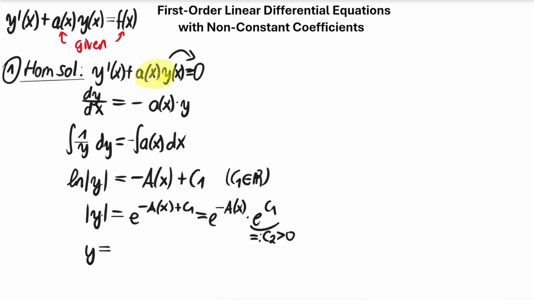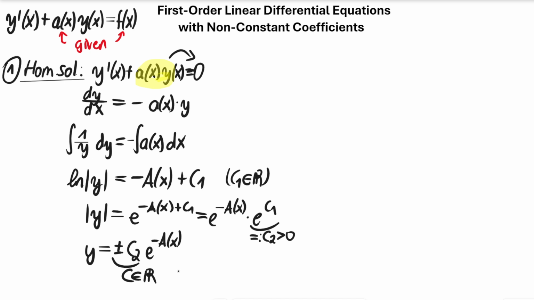Getting rid of this absolute value yields plus minus on the right side, c2 e power minus A of x, and we redefine this as a constant c, which is now a real number again because we have positive and negative constants, and it also includes 0, which is the non-interesting trivial case, always solving the homogeneous equation of this type.